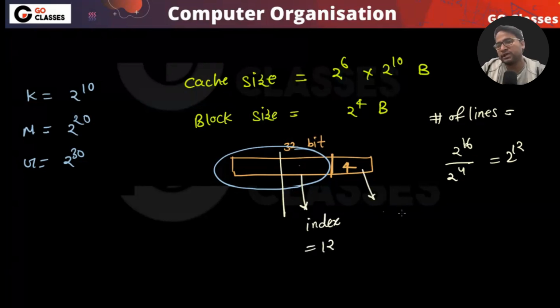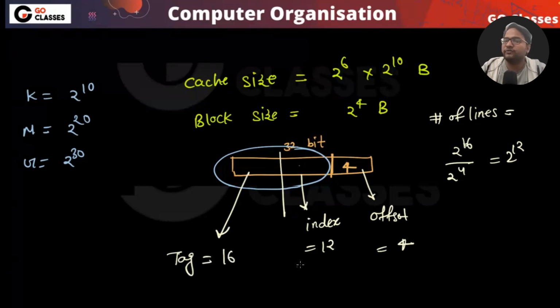For the block offset, some people call it byte offset also, but let's just call it offset. For offset, we need 4 bits. The remaining one is something called tag. For that, how many bits do we need? This is 16. So 16 bits we need for tag. Is this fine to everyone? Easy question, but still let me know.